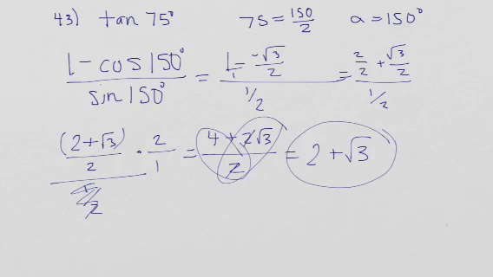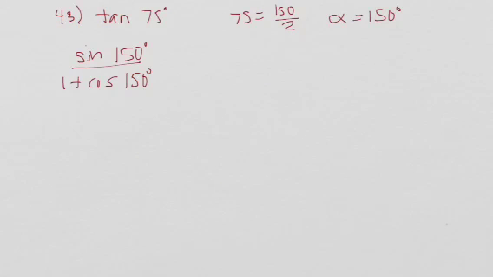All right, but that's not the only way we could have done it. We could have also done it using a third formula. A lot of the same information, just a little uglier on the work on this one. Sine 150 is 1/2. And then we found out a few minutes ago, cosine 150 is negative square root 3 over 2. We already kind of know how to get a common denominator for these.